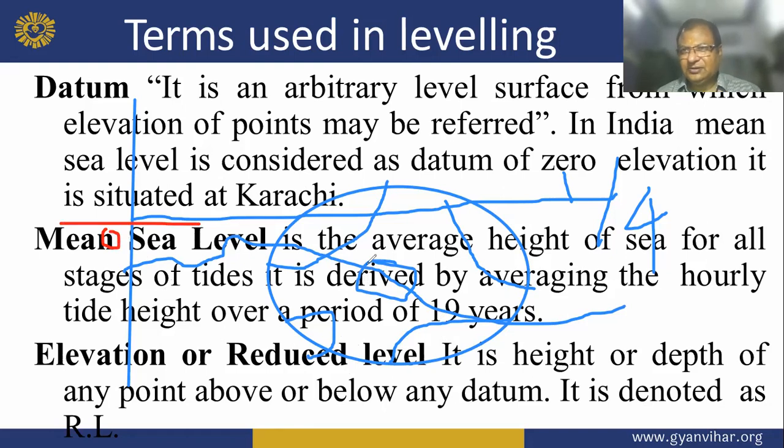But in 19 years, they have tested the sea level, and after 19 years the engineers have finalized this 0, which is situated at the Gateway of India and Karachi port. Both places are available.